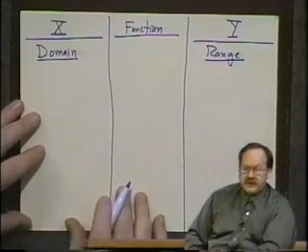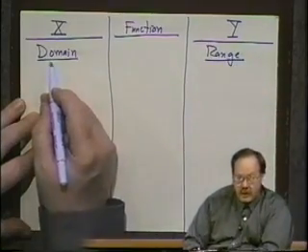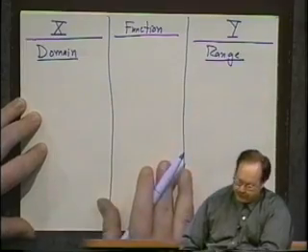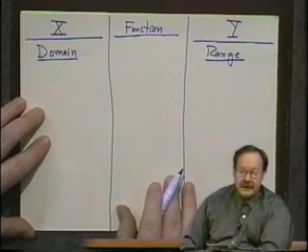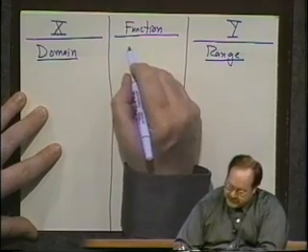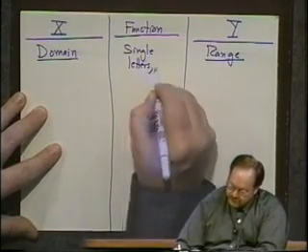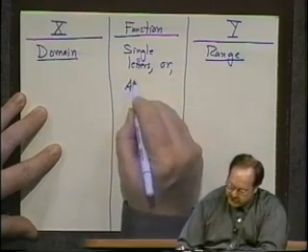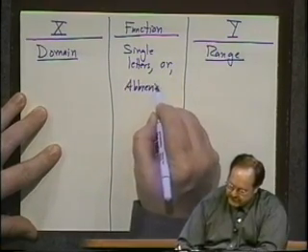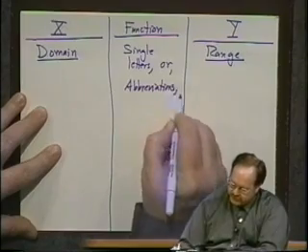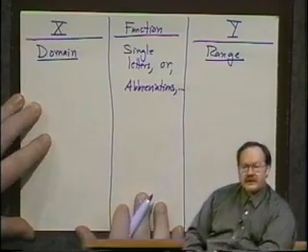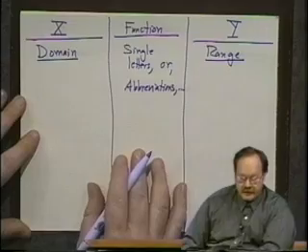So those are the two standard names for the things going in and the things coming out of a function. Now the function itself can be denoted in many different ways. It can be noted with single letters or abbreviations. Now that covers most of what we'll need to look at. There are other ways to indicate functions, and I'll show you that in a moment.